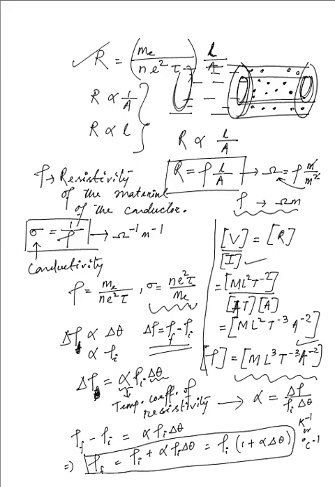So I rewrite that, rho f equals rho I plus alpha rho I times del theta, and I multiply both the sides with the factor L by A. So what do I end up with?